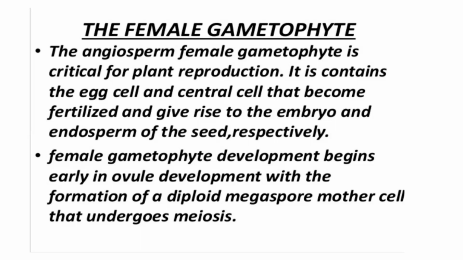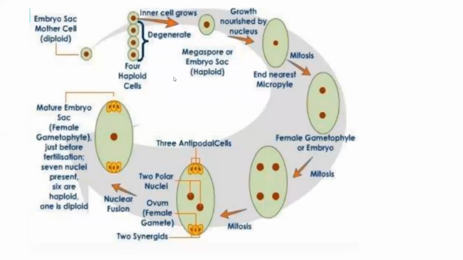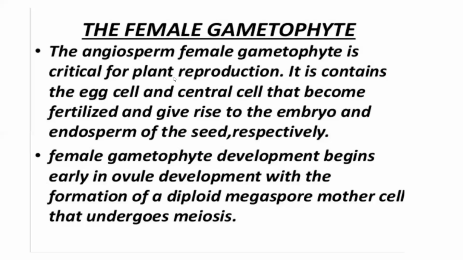The region present beneath the embryo sac is the chalaza. The embryo sac is the angiosperm female gametophyte, which is critical for plant reproduction. It contains the egg cell and central cell, which become fertilized and give rise to the embryo and endosperm of the seed respectively.